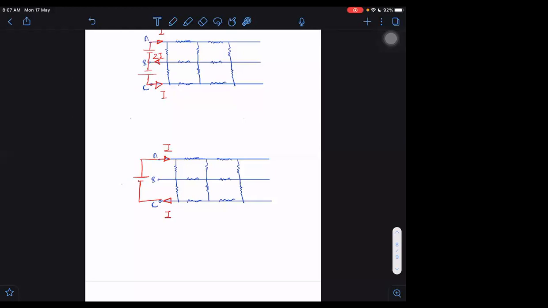I could have achieved this by connecting current sources. I don't need to connect only voltage sources.